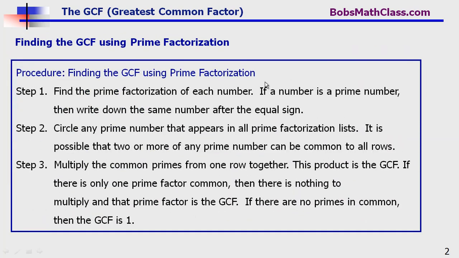Finding the GCF using prime factorization. Procedure. Step 1. Find the prime factorization of each number. If a number is a prime number, then write down the same number after the equal sign. Okay, what are we doing here?